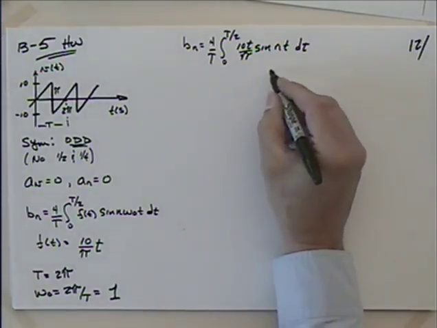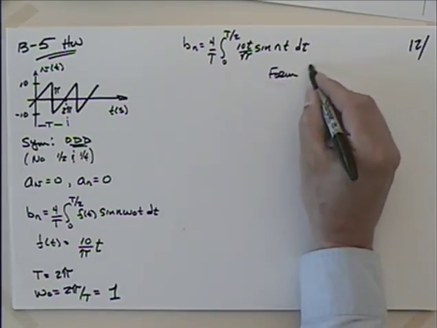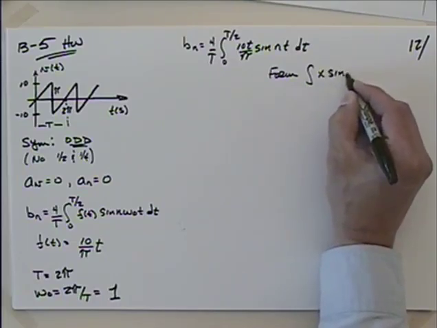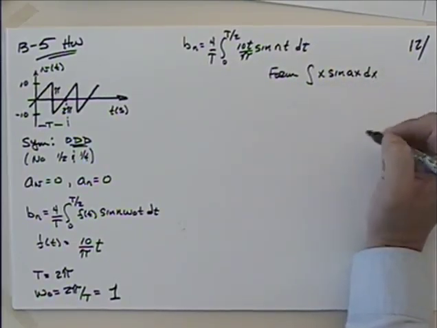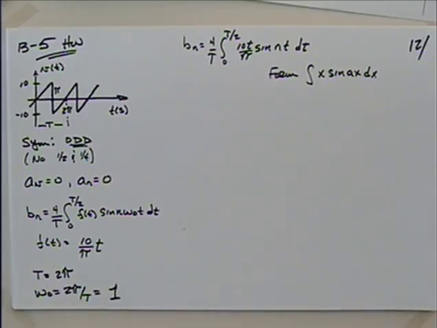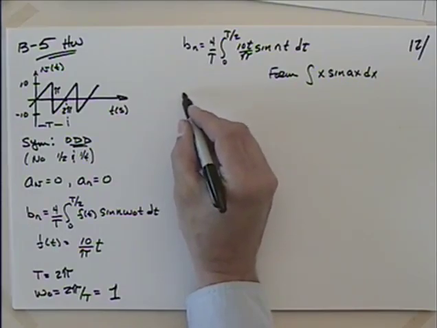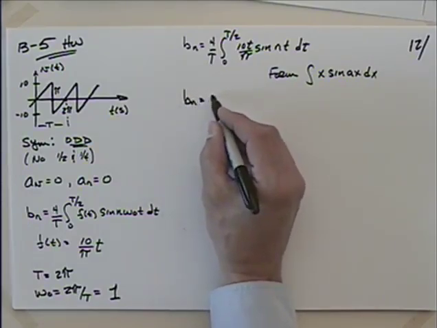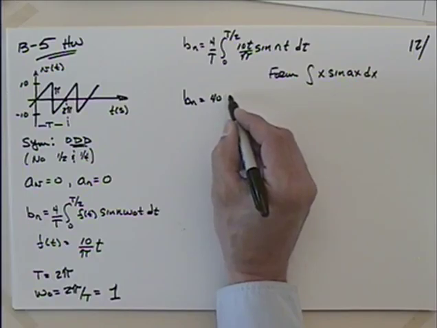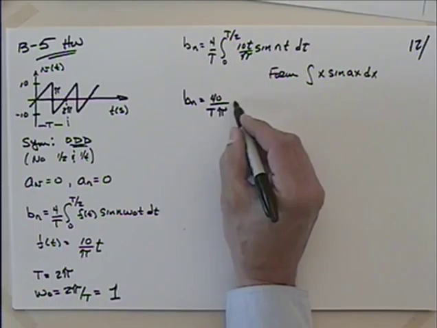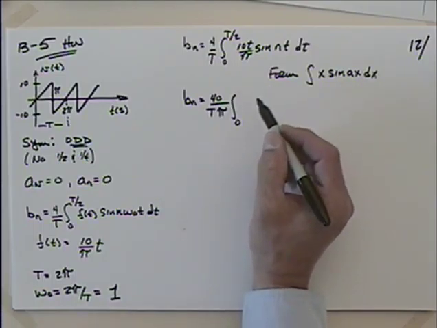So we look for the form. What kind of form are we looking for here? The integral of x times the sine of ax dx. Okay. We've done that one lots of times before, haven't we? Yeah. Because you'd end up with this b sub n being 40 divided by T times pi, from 0.